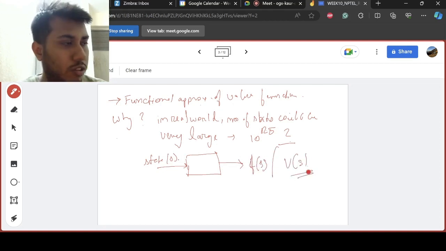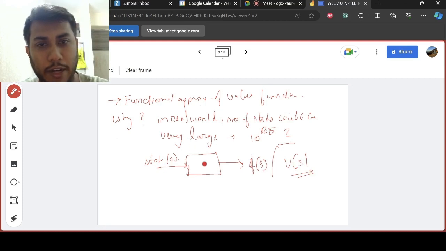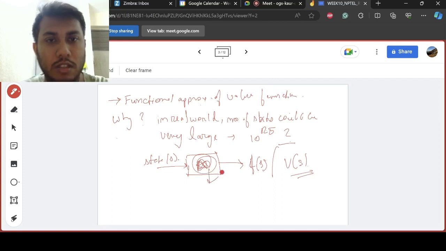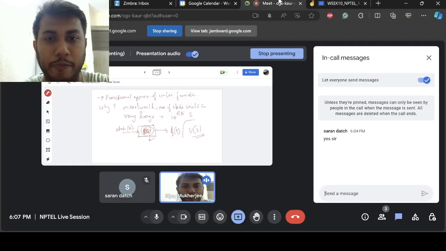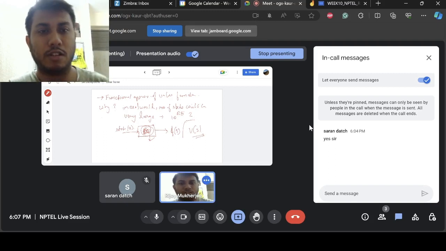So our goal was to find this black box, so that acquiring that black box will give me the value function. So that was the reason for using functional approximation. Basically, the task was to reduce the number of states.